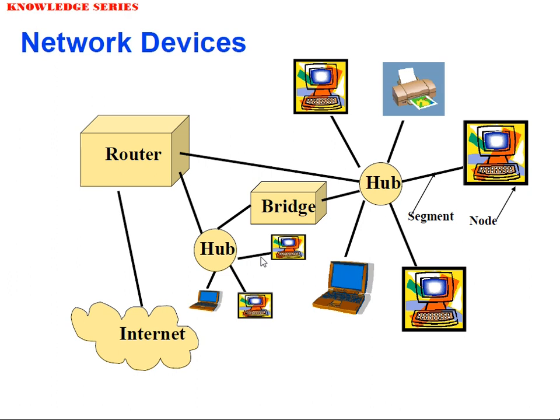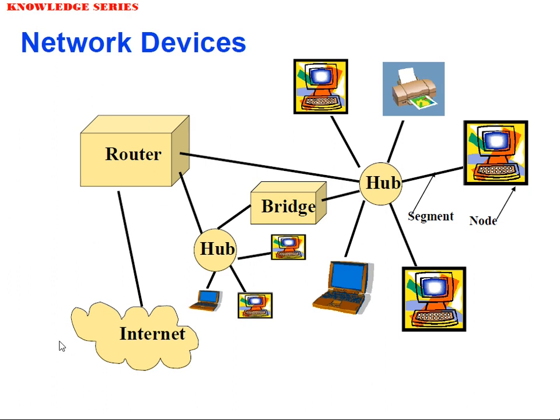Now we are going to see the area with respect to network devices. Here you can see some figures with respect to devices and nodes. This is what we talk about as network devices.